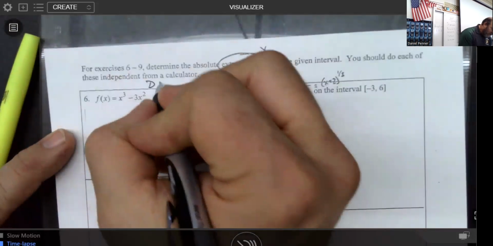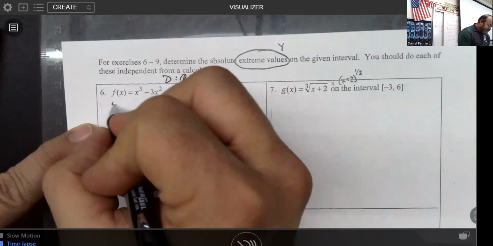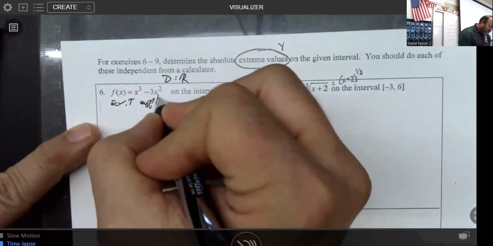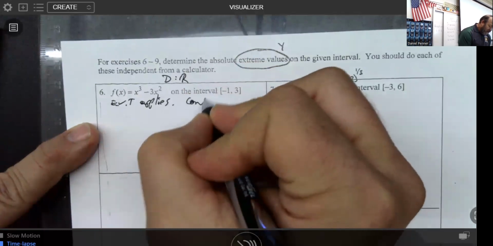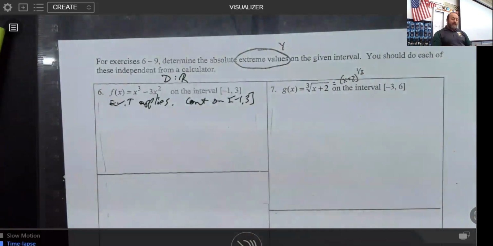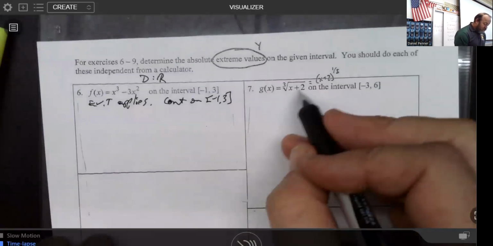Notice its domain is all reals. So again, the extreme value theorem applies. Again, it is continuous on [-1, 3]. This is a habit of doing mathematics that is very, very important. Same thing is true right here.